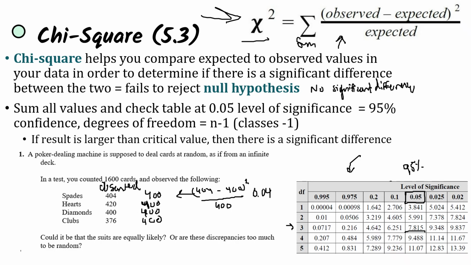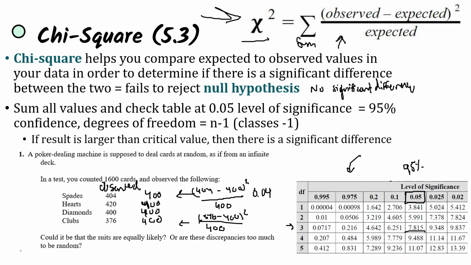And in the case where you do get a negative number, for instance here where it's 376 minus 400 squared over 400, well, that's part of the reason why the squared is there, because then that gets rid of the negative. If you square a negative number, you now have a positive number.